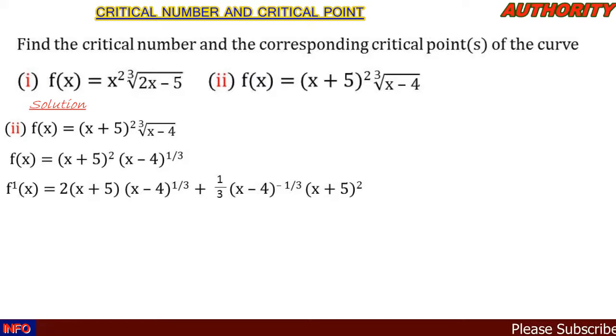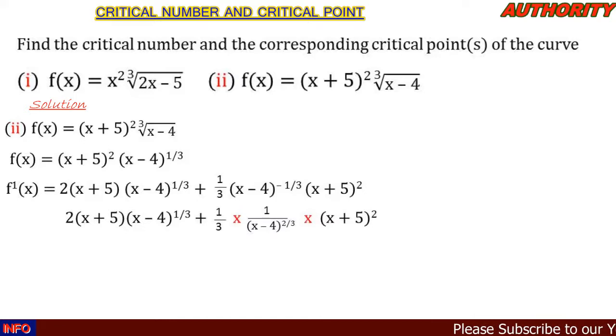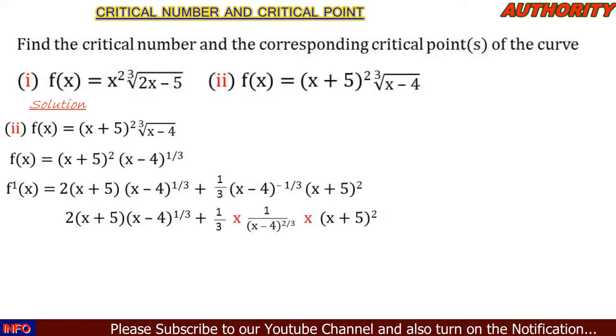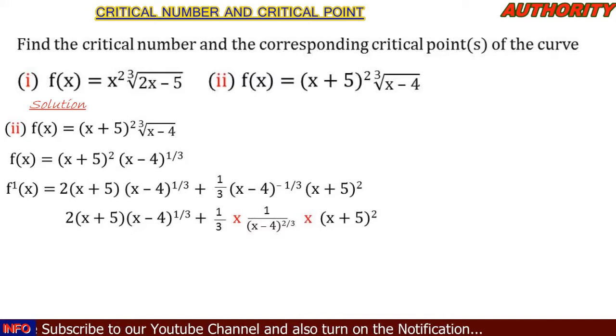Okay, so let's simplify. We're going to have 2 open bracket x plus 5 close bracket, open another bracket x minus 4 in bracket raised to power 1 all over 3, plus 1 all over 3 times 1 all over x minus 4 in bracket raised to power 2 all over 3 times x plus 5 in bracket raised to power 2.